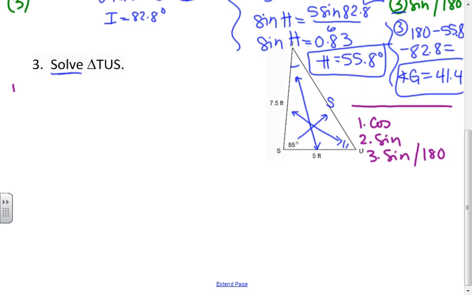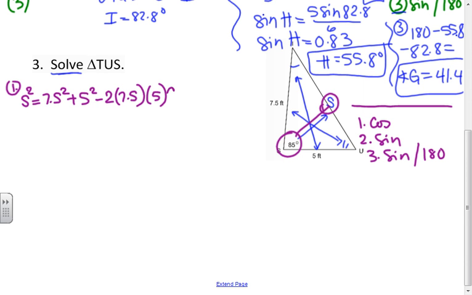So my angle and its side opposite, s squared, is equal to 7.5 squared plus 5 squared minus 2 times 7.5 times 5 times the cosine of 85.